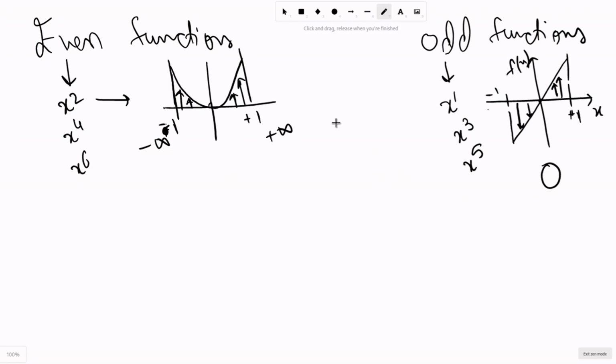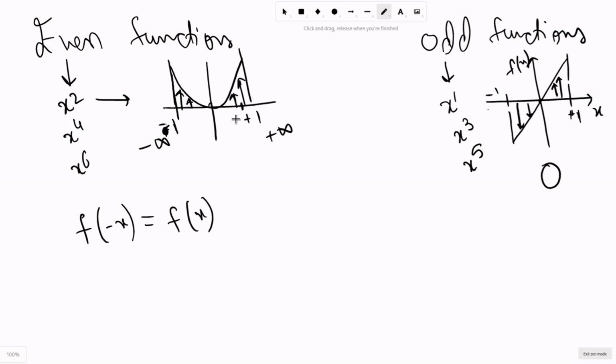Having said that, now let's go to a more rigorous definition of even functions. A more rigorous definition of an even function would be f of minus x is the same as f of x. Say here is 0.5.